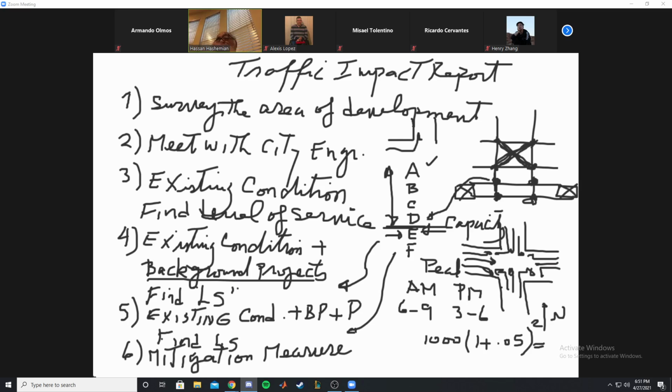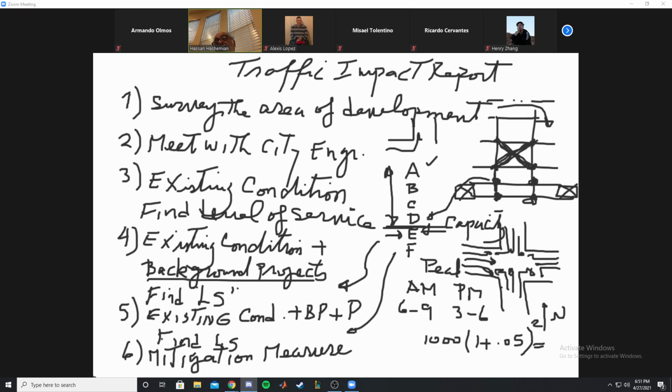There are so many tricks that we do in traffic engineering that improve the level of service. So if there are too many right turn movements, maybe we just make one lane for just the right turn movement, and that might improve the level of service. The last thing we don't want to do is any type of construction.